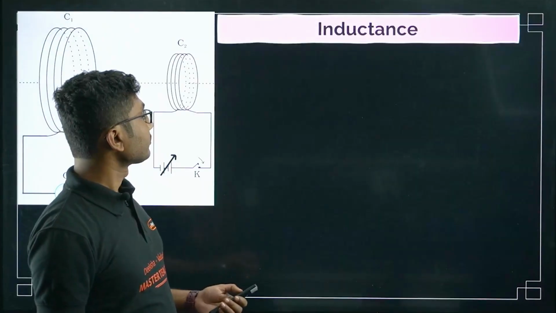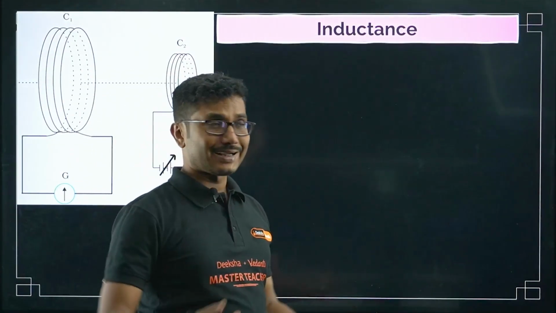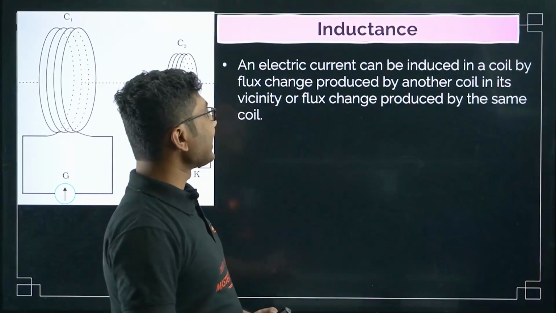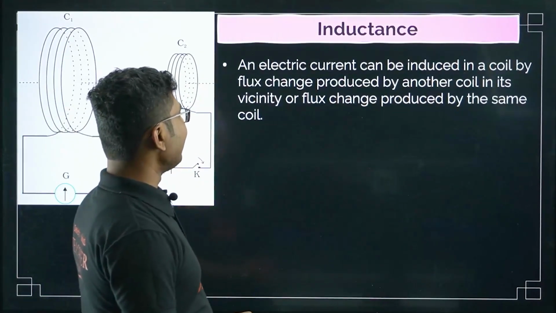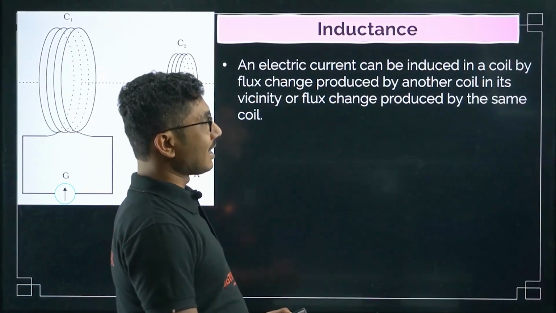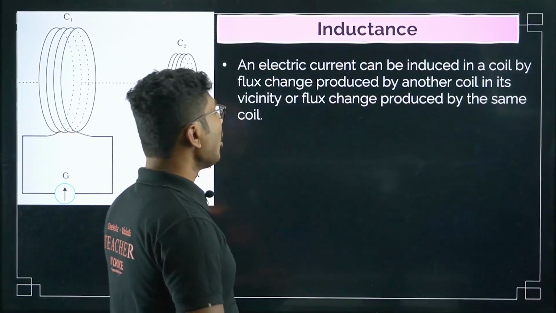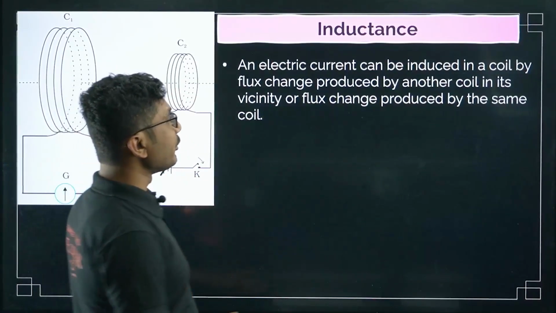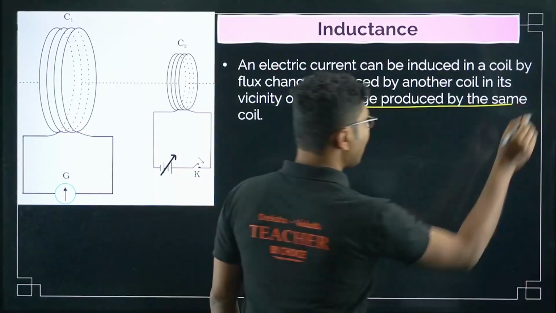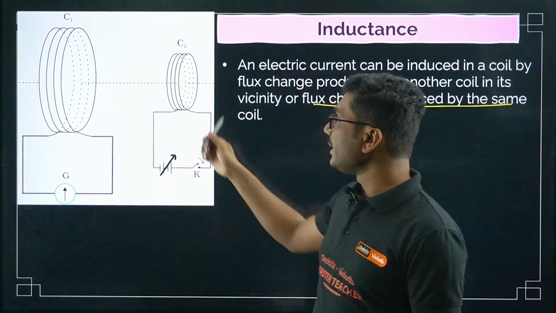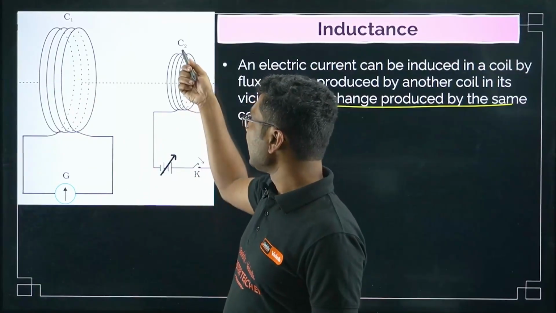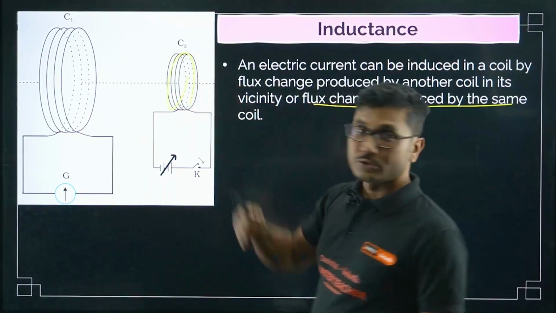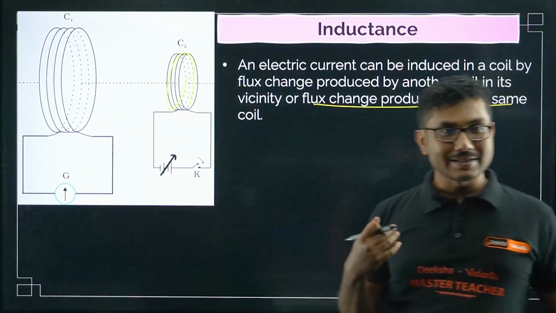Now let's talk about inductance. An electric current can be induced in a coil by flux change produced by another coil in its vicinity, or flux change produced by the same coil. Very, very important. A coil itself has a magnetic field.